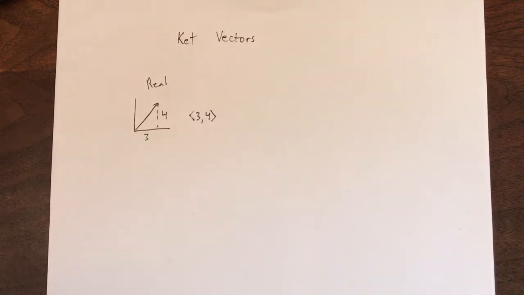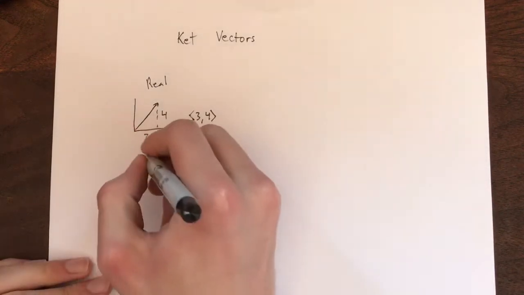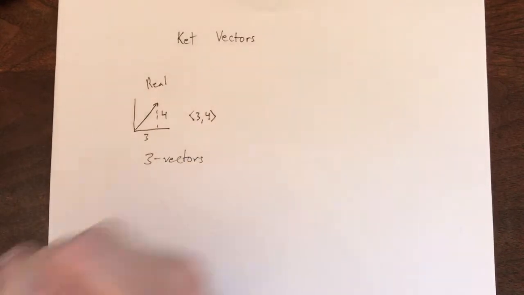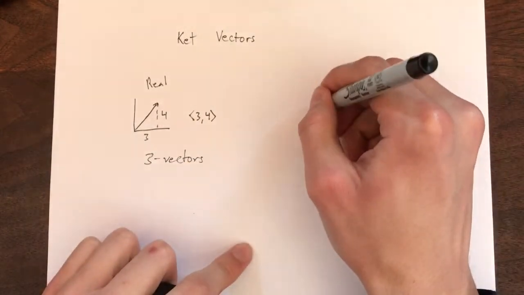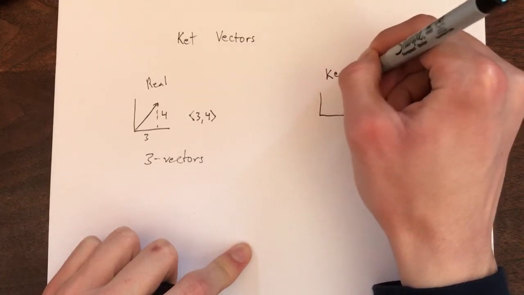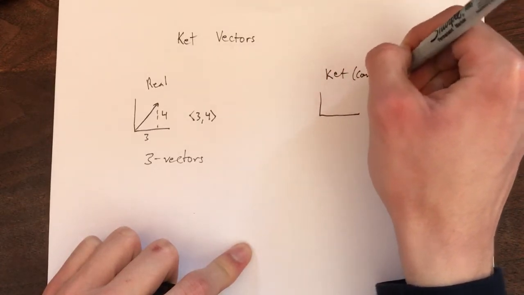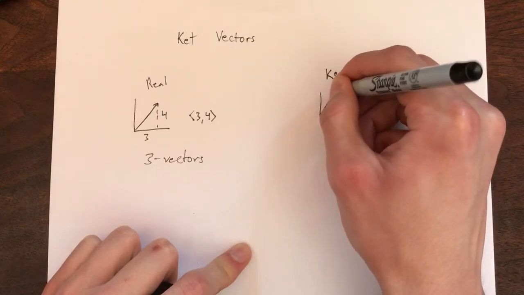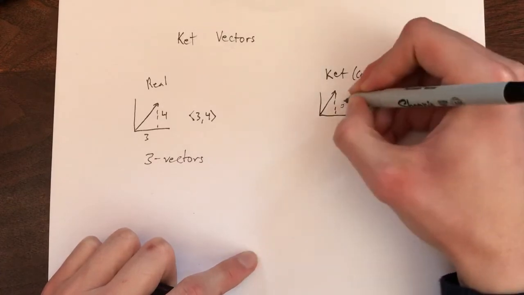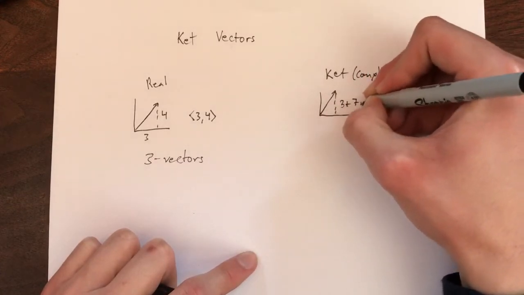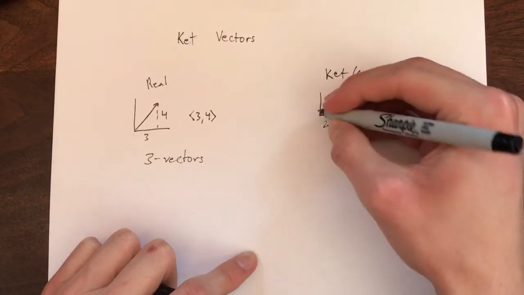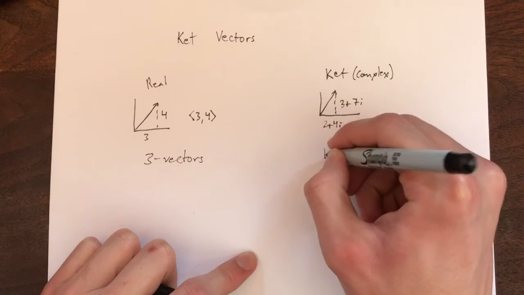From now on, regular ordinary vectors will be called 3 vectors to avoid confusion. So for a complex component, we might say this is 3 plus 7i, and this is 2 plus 4i. And that might not make sense with the axes, but just wait a second.